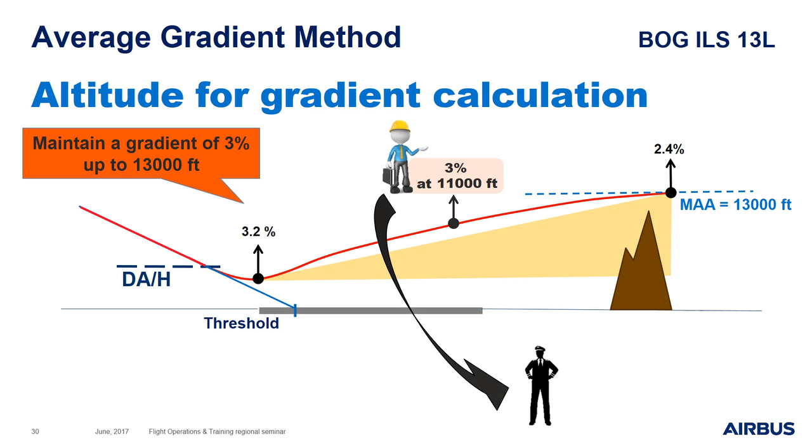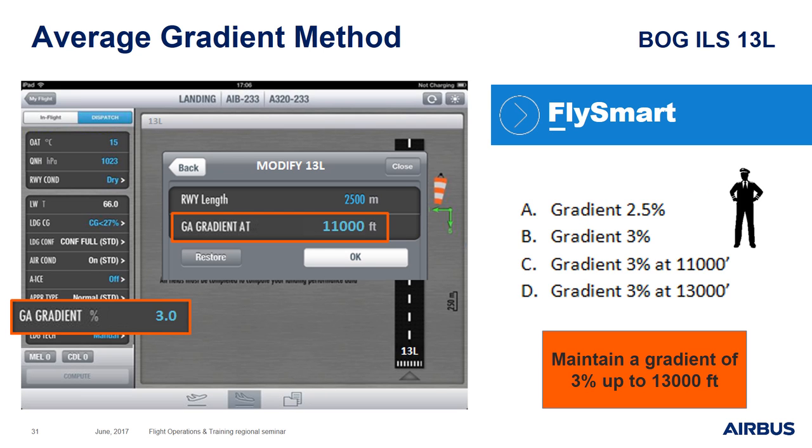And this value shall be communicated to the crew. As a result, for Bogota ILS approach on runway 13 left in FlySmart, we can expect a gradient of 3% to be checked at 11,000 feet. And your performance engineering department can define 3% and 11,000 feet as default values for Bogota Airport 13 left.